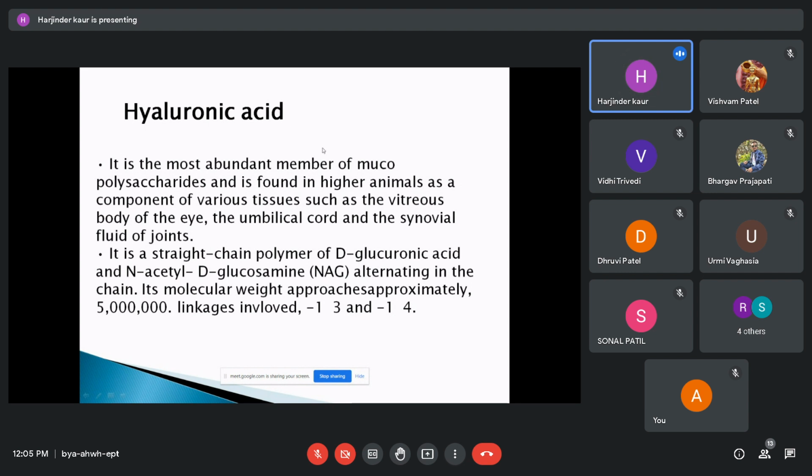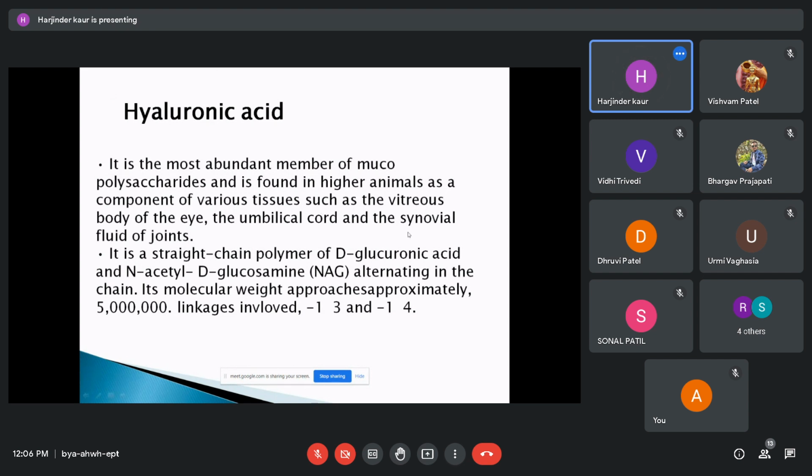This is a natural material which is now being used in cosmetics, and it is thought that this can be injected into the joints and even in the facial tissues, to give firmer skin. So in joints it has been used for quite some time, hyaluronic acid injections. If somebody is having an arthritis problem and the joint fluid has reduced, this is being injected to give mobility to the joints.